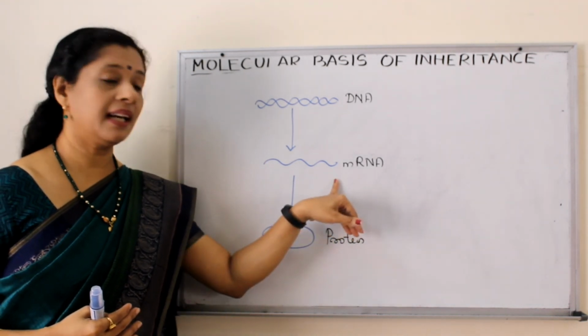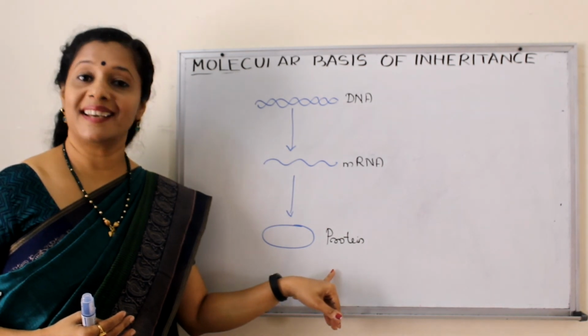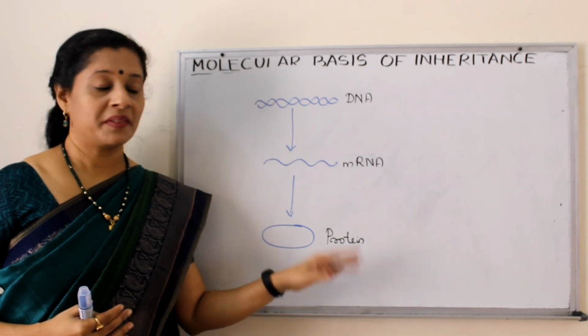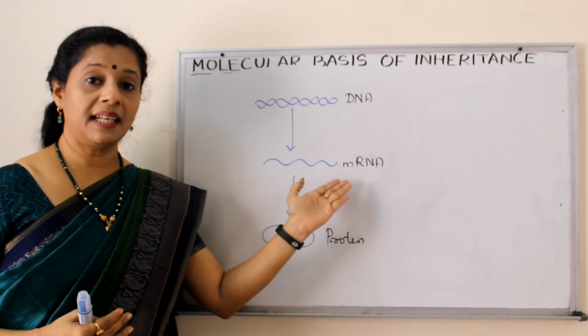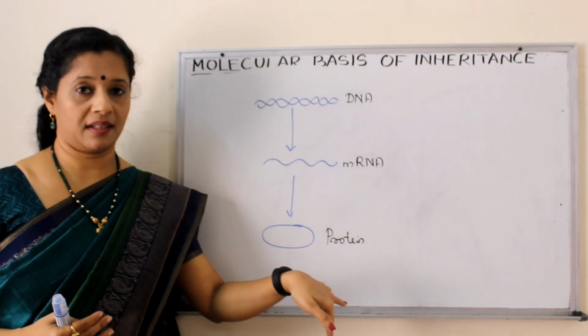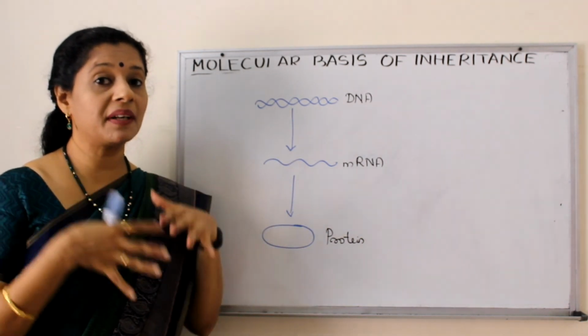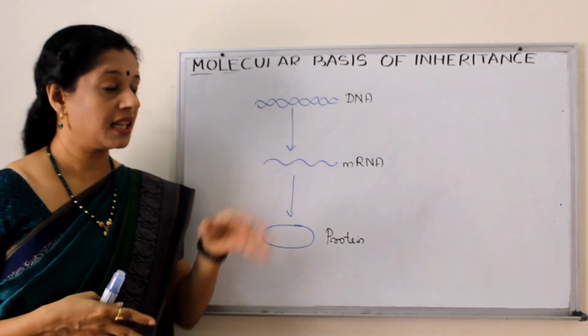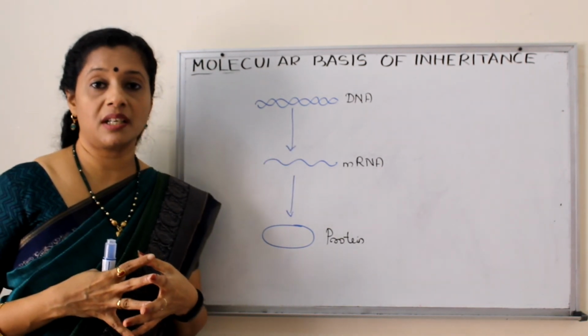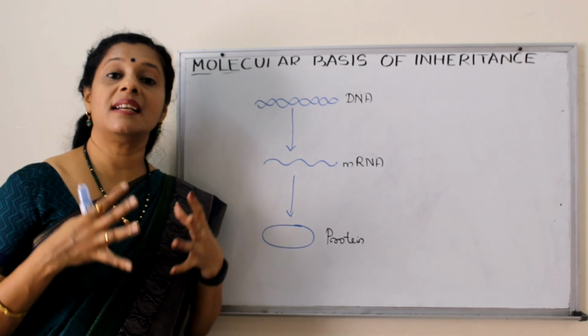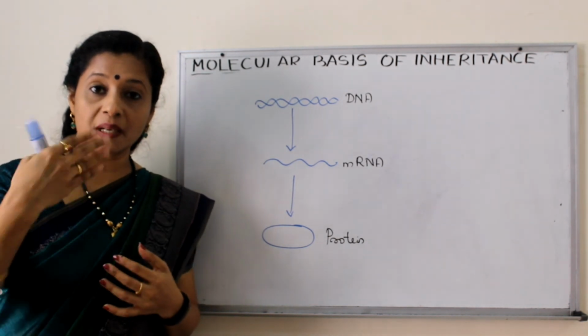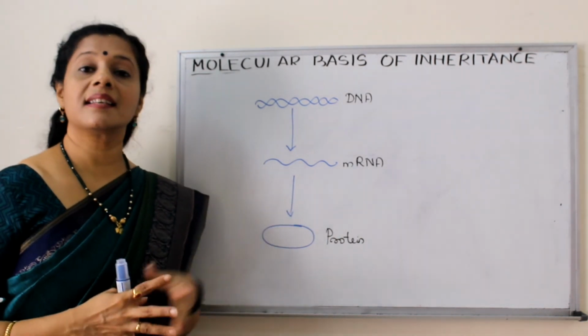So without RNA, our characters cannot be expressed. RNA is a genetic material which can directly code for protein. But still we prefer DNA as the genetic material, because for storing information, DNA is better because DNA is more stable. But for expressing a character, RNA is required.